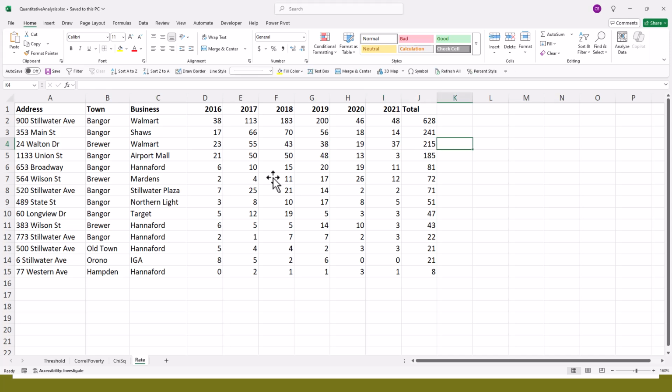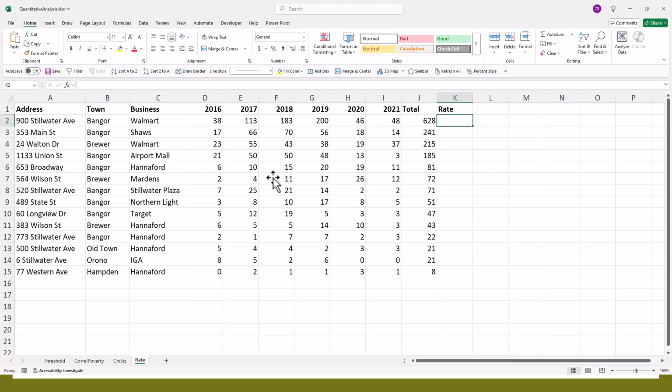But anyway, let's say I want to normalize this. I want to calculate the rate of the thefts in these various parking lots, because if I showed this at some community meeting, somebody from Walmart might be there, and he might object quite reasonably that Walmart has the largest parking lot in the region.